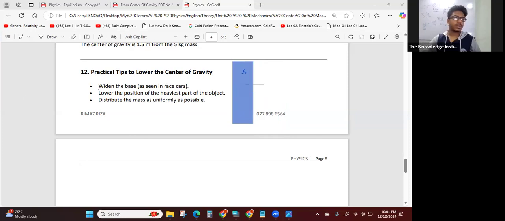Here the rotating option is not there in Zoom. Give me a second, I'll try this.